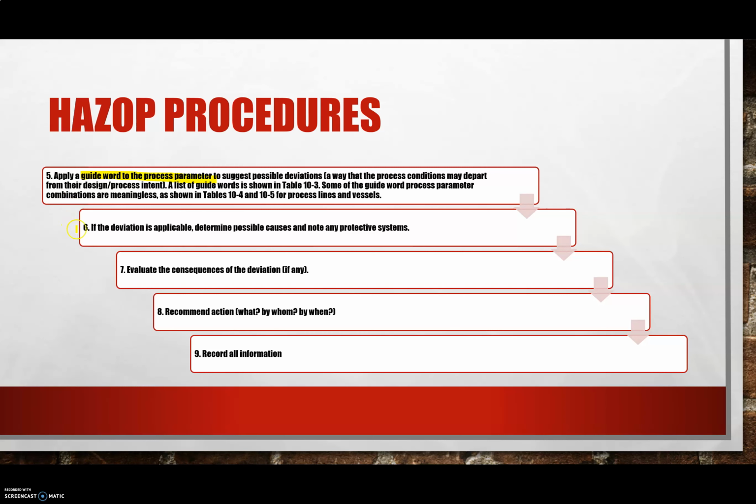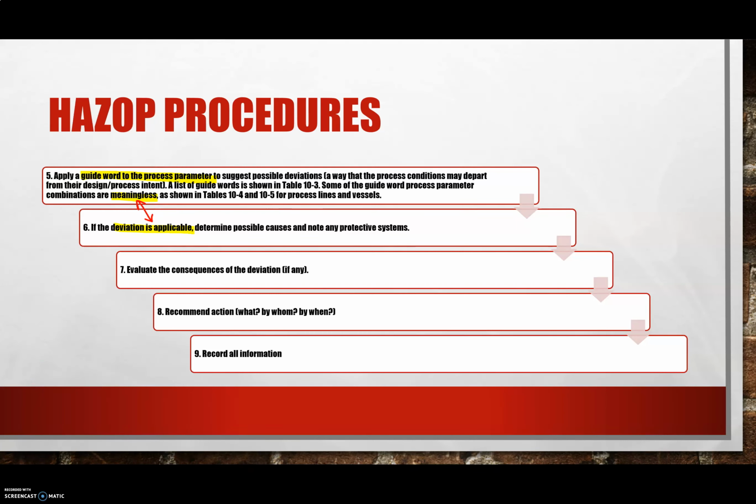After you find your guide word for your process parameters, you try to see how this deviation is applicable. Basically, meaningless and deviation applicable are related.